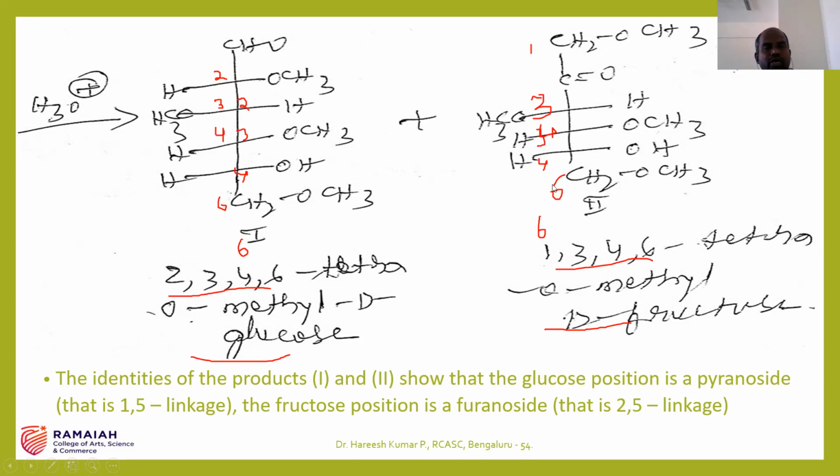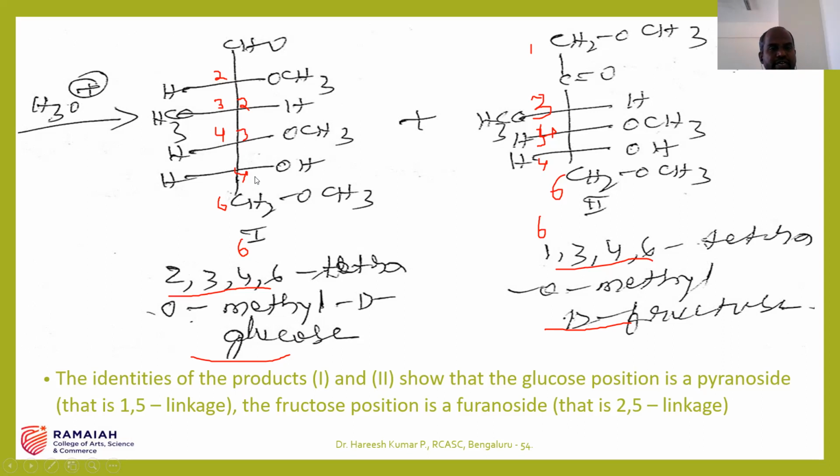So what are the products obtained? Second position, O-methyl. Third position, methyl group. Fourth position, methyl group. Sixth position, methyl group. So totally 4 methyl groups. That is the reason it is tetra-O-methyl D-glucose.